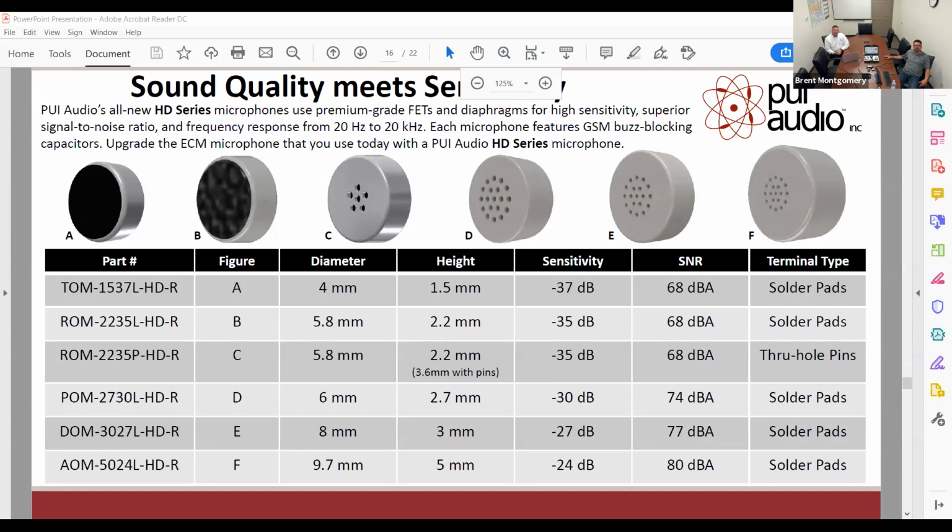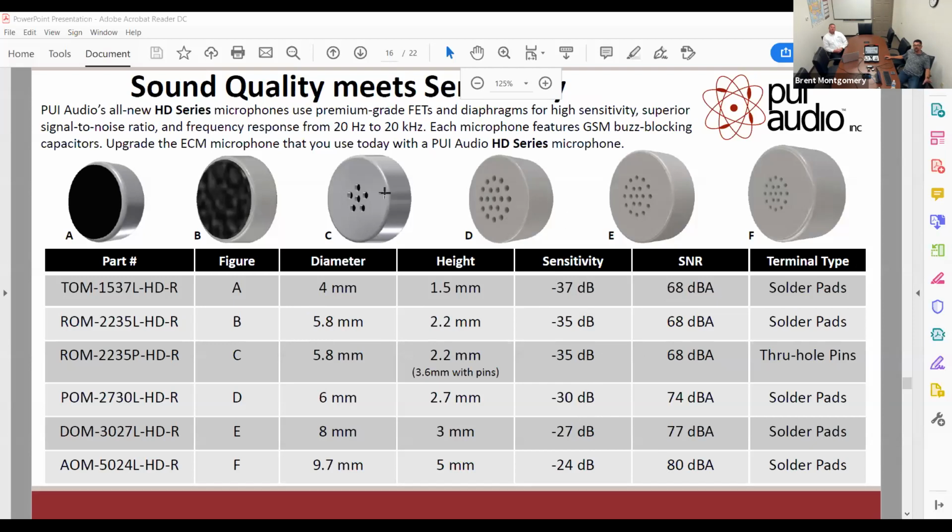So we released this line of HD series microphones that have sensitivity all the way up to minus 24 dB, a signal to noise ratio of 80 dB, and we went down in size as small as we could in the ECM footprint, which is 4 millimeters, while still offering really good sensitivity and really high signal to noise ratio.